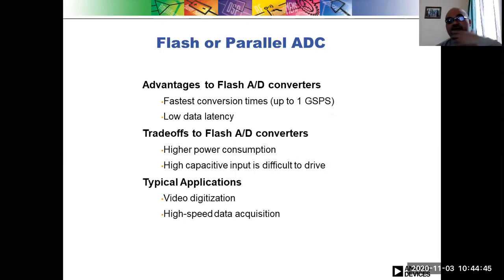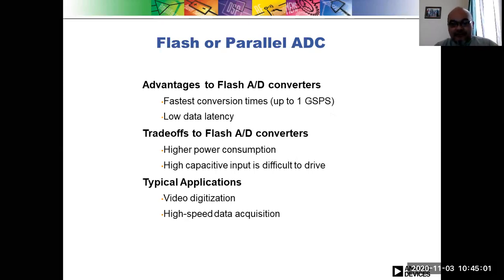The first conversion, and the second one zooms into the remaining value, each using flash. So it is fast, but it requires more time because it has these two stages.